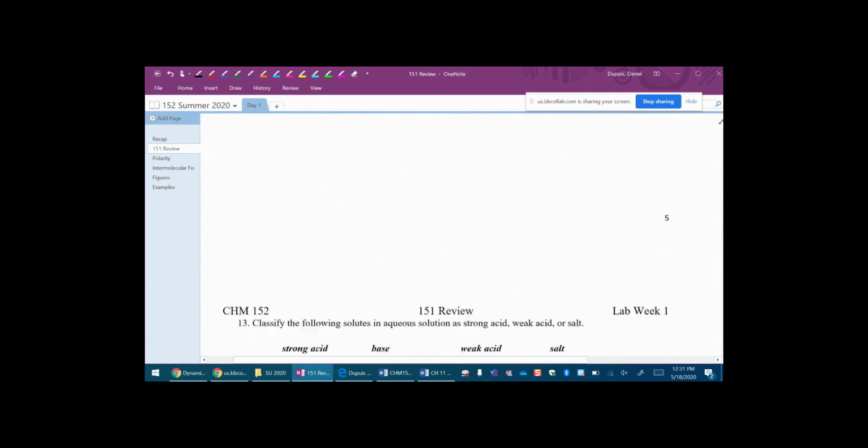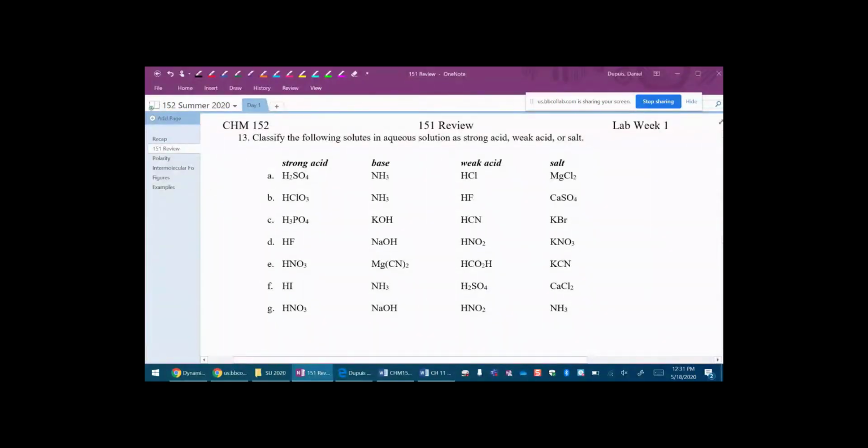All right, let's see here. Okay, classify. All right. Well, this is just a multiple choice question. Which one had the right? So strong acids. Let's look at strong acids. That's a strong acid, strong acid, strong acid, strong acid, strong acid. The other two are weak.